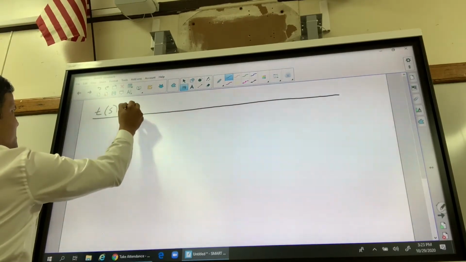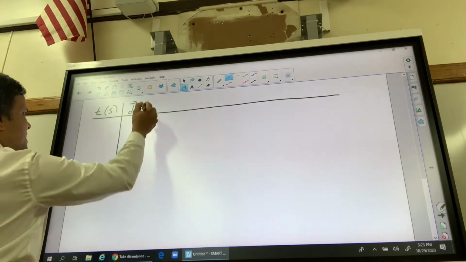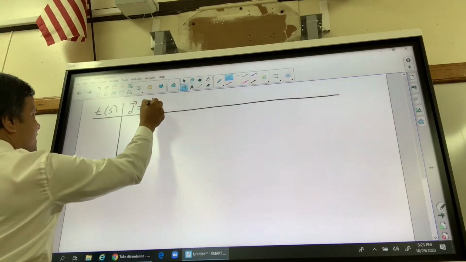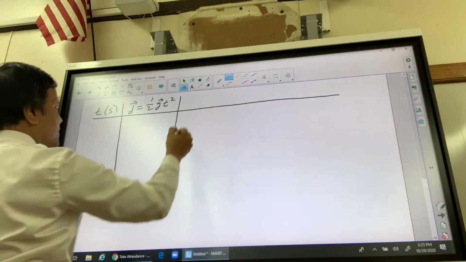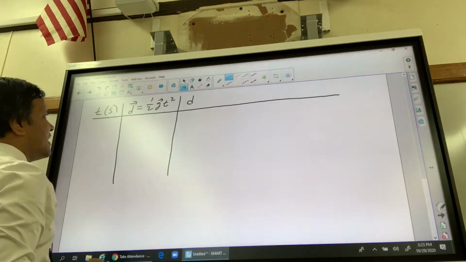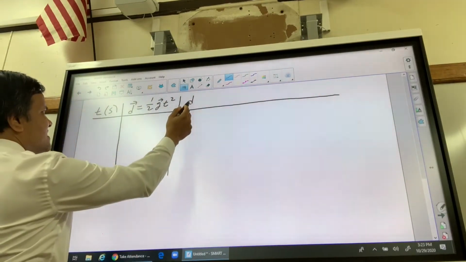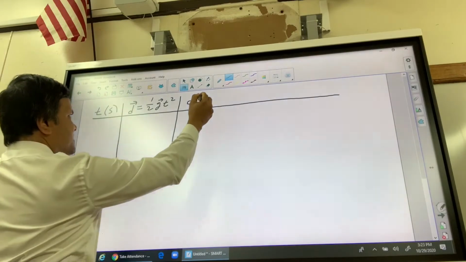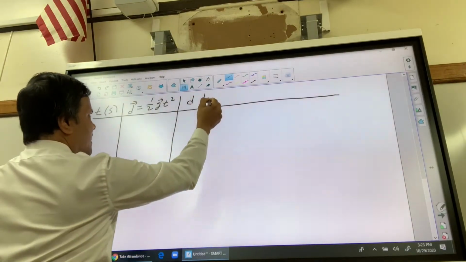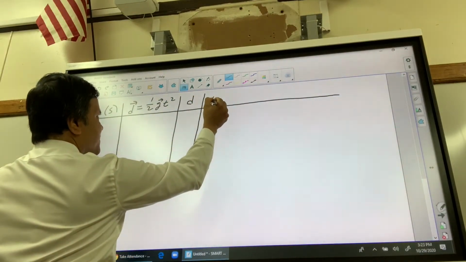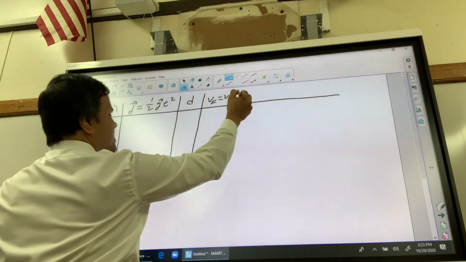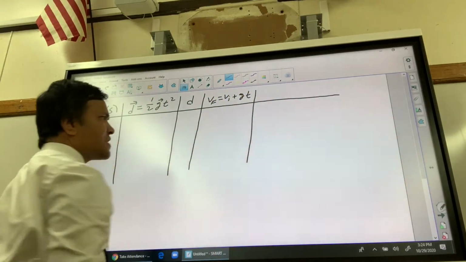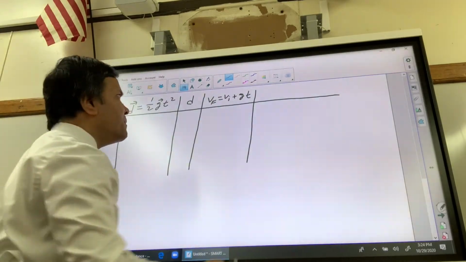First we're going to find the displacement, using half g t squared. Then we're going to find the distance, and remember the distance is the magnitude of the displacement. Then we're going to find the velocity. Final velocity is equal to initial velocity plus g t. This equation I also proved in the classroom.